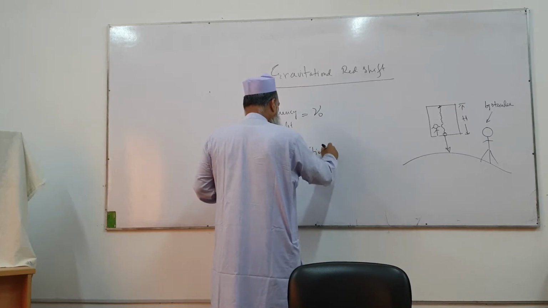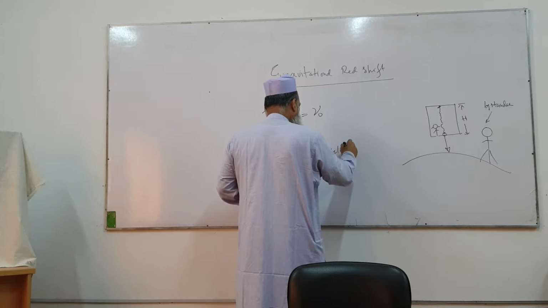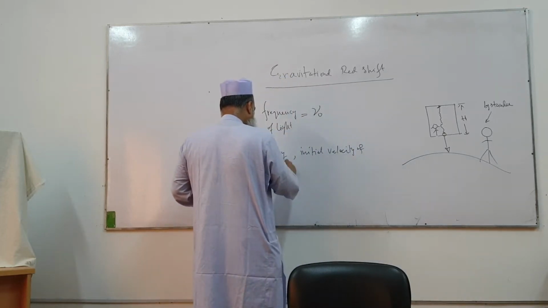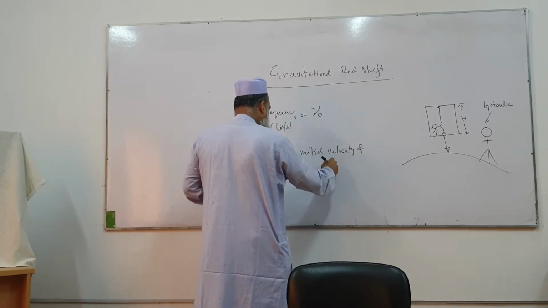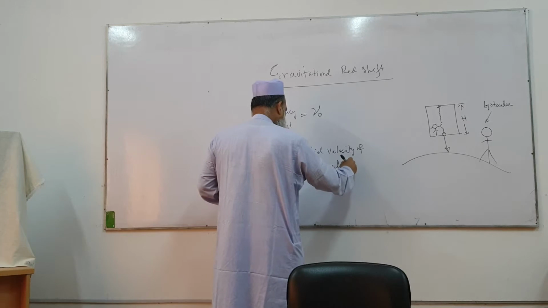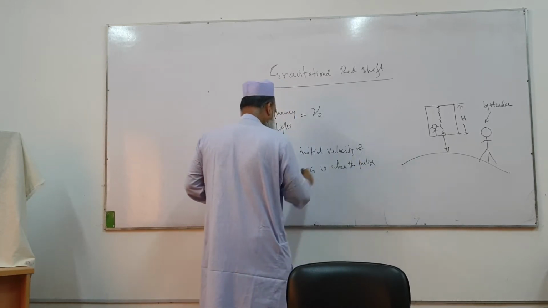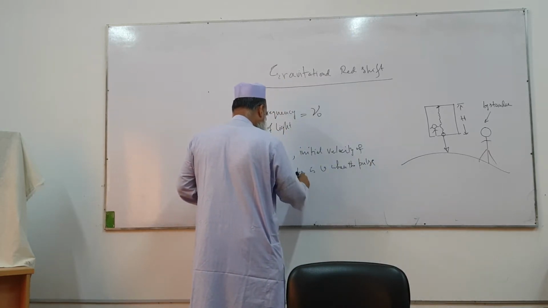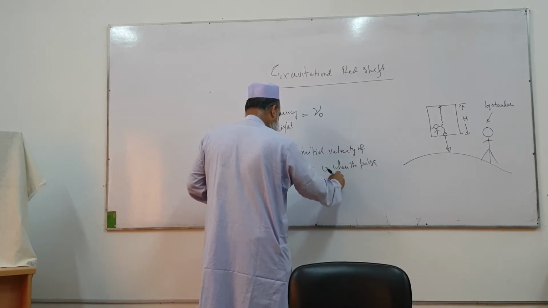Say the initial velocity of the elevator is V when the pulse of light was shot.